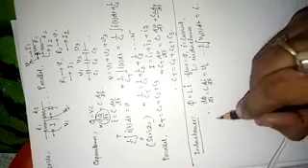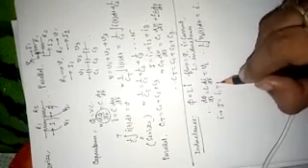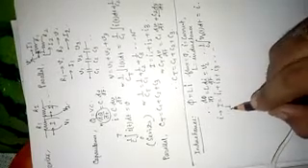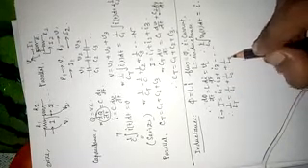Where i is different, as the summation i1 plus i2 plus i3, so 1 by L total equals to 1 by L1 plus 1 by L2 plus 1 by L3. So this is the parallel combination. And for series, Lt equals to L1 plus L2 plus L3.